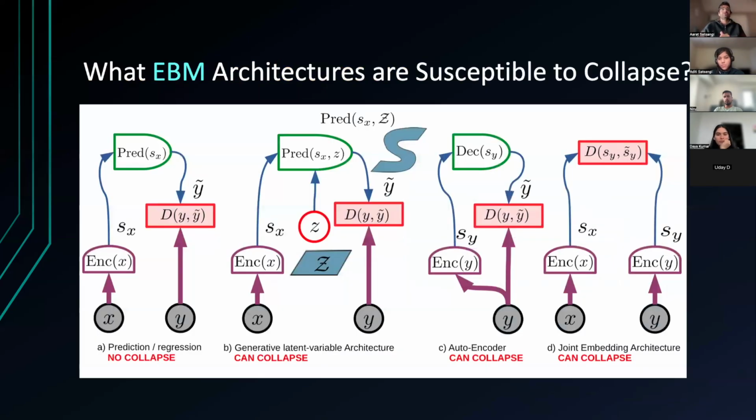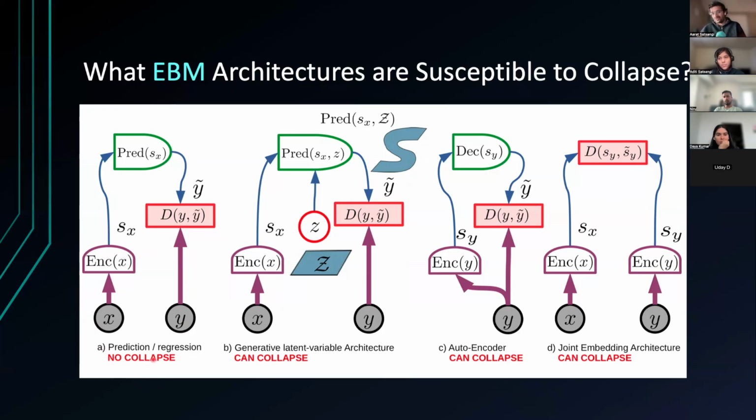Now, what EBM architectures are susceptible to collapse? The thing that you were talking about, I think somebody mentioned it. In a normal prediction scenario, let's say this is just a prediction regression network, this one, there will be no collapse in that.